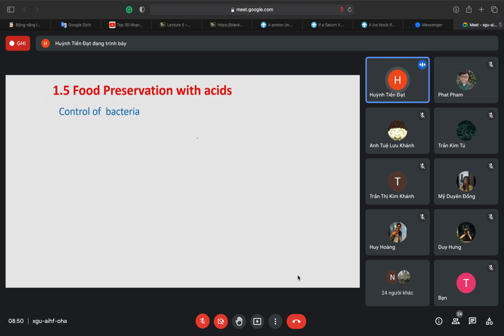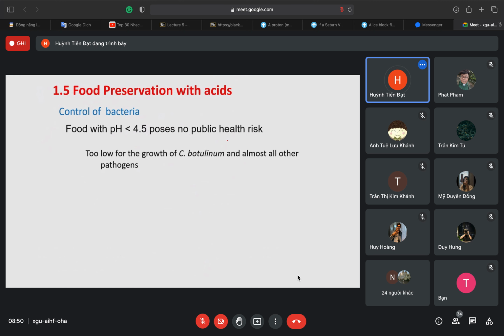Okay, food preservation with acids tries to control all the bacteria. So foods with a pH less than 4.5, or less than 4.6 according to the US FDA, pose no public health risk because no pathogens grow.